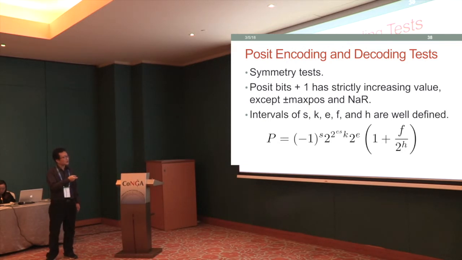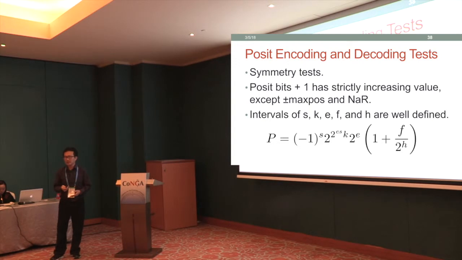We know the intervals of the parameters in the formula, so we can arrange multiple nested loops so that the next posit value is strictly increasing. That means the expected posit bits should also be incremented over the iterations. So if you get a posit bit that is not incremented, then you know that is a wrong answer.